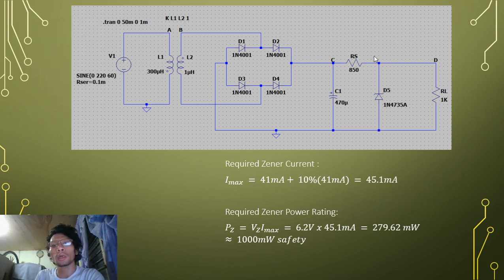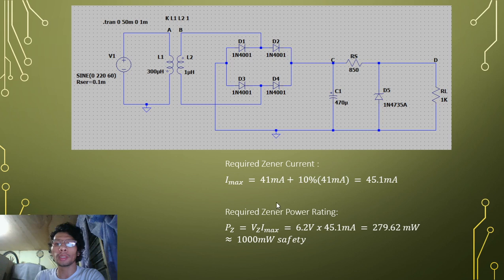So in this power supply circuit schematic design, the required Zener current will be Imax, which is equal to IZ plus 10% of the IZ, or 10% times 41 milliamps, which will be 45.1 milliamps.